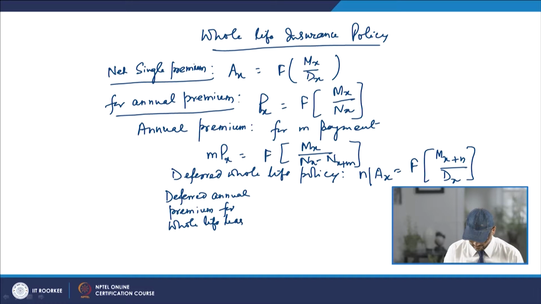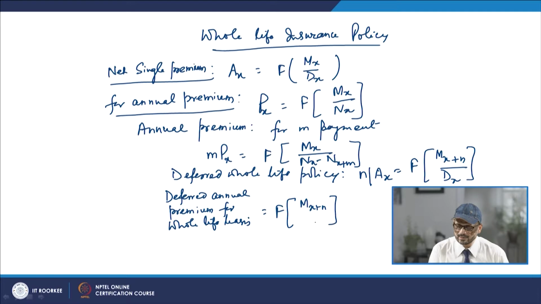In that case this becomes equal to F into M of x plus n divided by Nx. For annual premium, it is in the denominator, so it is Nx. So it will be F into M of x plus n divided by Nx. This is the deferred annual premium for the whole life basis.